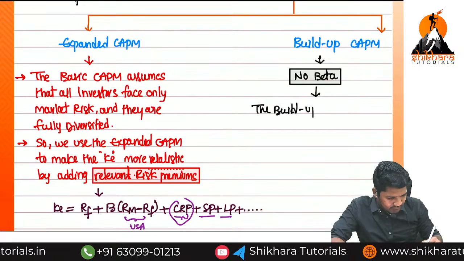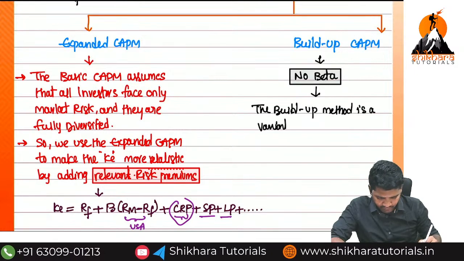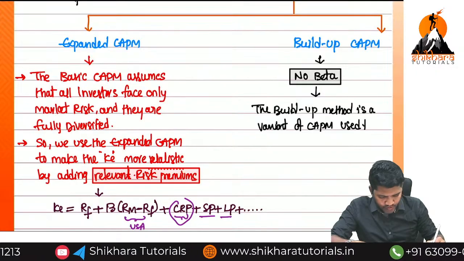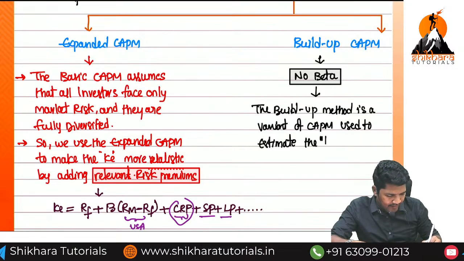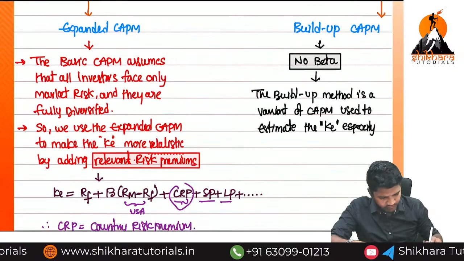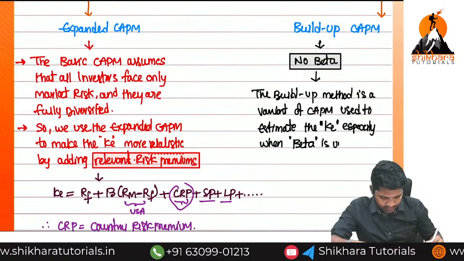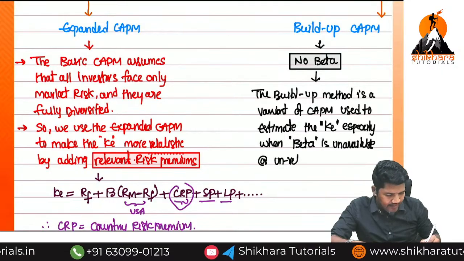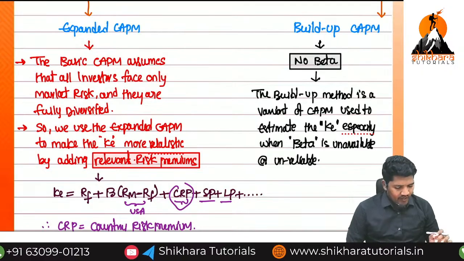The build-up method is a variant of CAPM used to estimate the KE, especially when beta is unavailable or unreliable.